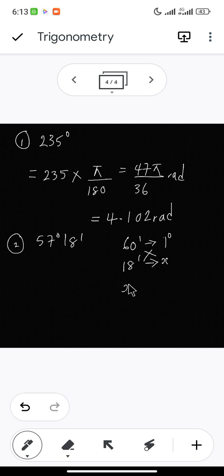We're going to have x to be 18 over 60, which gives us 0.3 degrees. So simply this is going to now be 57 degrees plus 0.3 degrees. This gives us 57.3 degrees.